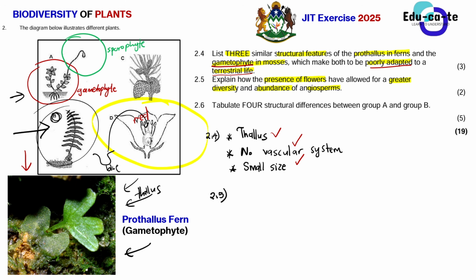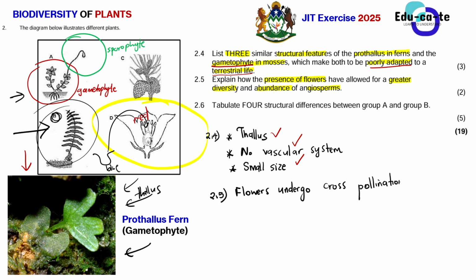So what is allowing that is the flowers. The flowers go through pollination. That's the first thing that you can say, that the flowers in angiosperms undergo cross-pollination. Why did I mention cross-pollination specifically? Because when you take a flower that is different from another one and they pollinate with each other, we say that's a cross-pollination, right?